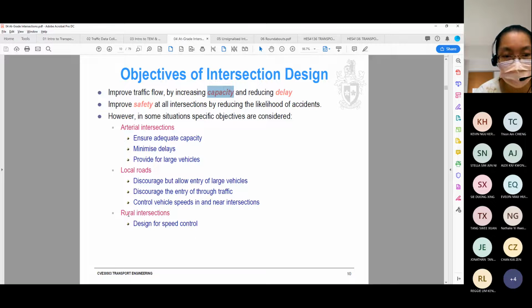And for rural intersections, speed is high, so we usually look at safety issues rather than capacity. So it always revolves around either capacity or safety.